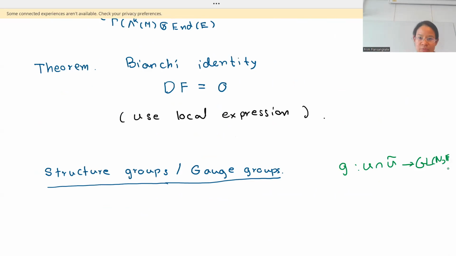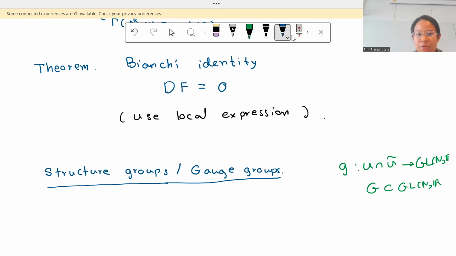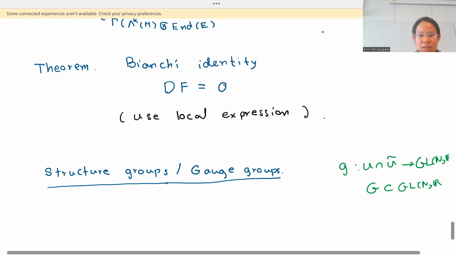But sometimes we may want to restrict so that we only consider transition functions which take values in a subgroup of the general linear group instead. Right? And we call this subgroup the structure group or gauge group.